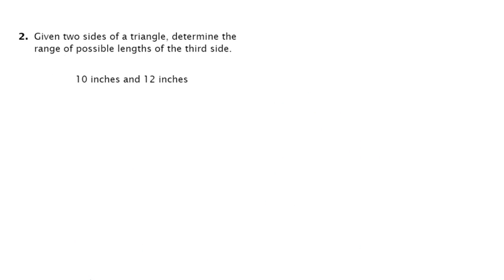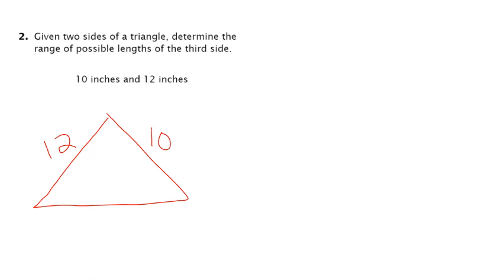For the last example, again, same idea. I have a length of 12 and 10. I actually don't know what the third side is. I'm going to call it x. So we know there's some sort of restriction that we need to find, and we can use the triangle inequality to do that. So if I follow the same process as when it was three lengths given to us, if I add up any two sides, it needs to be bigger than the third side.